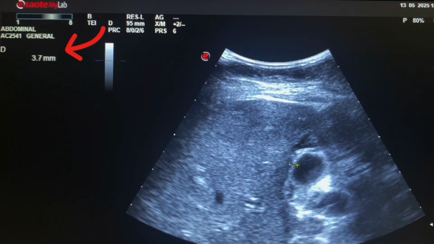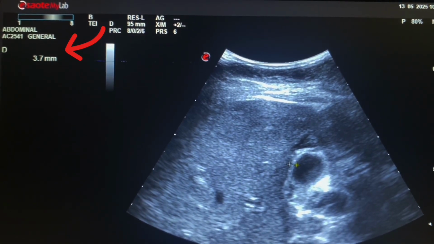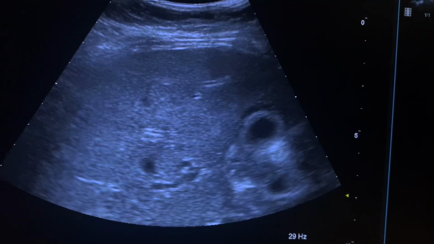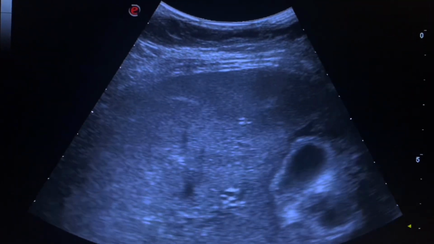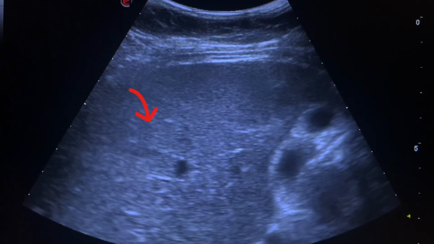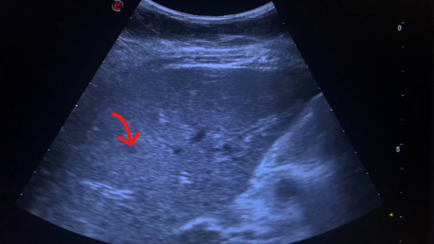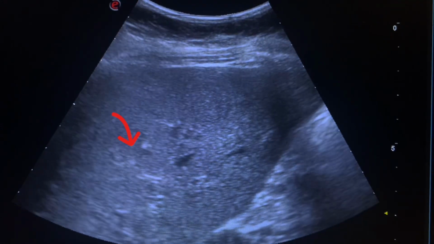The normal size of the gallbladder wall is up to 3 millimeter. Now here we focus that the intrahepatic biliary channels are prominent but not dilated.